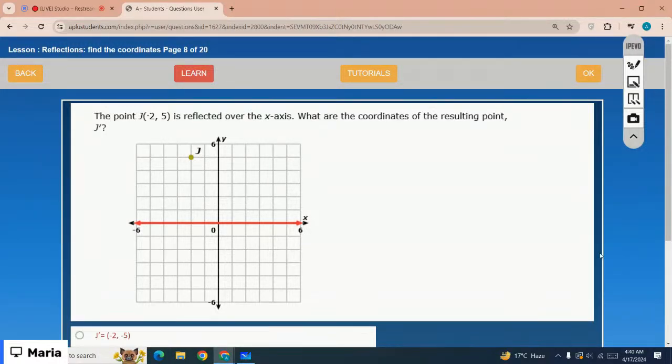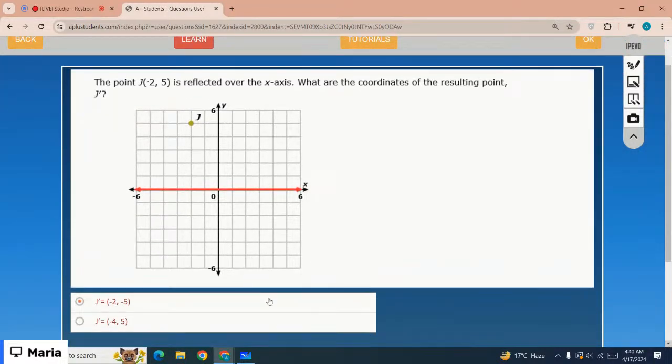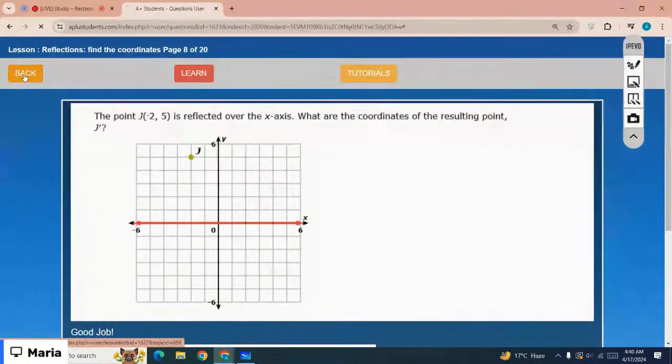The correct option is negative 2 and negative 5, right? Okay, you can complete the lesson by yourself later today.